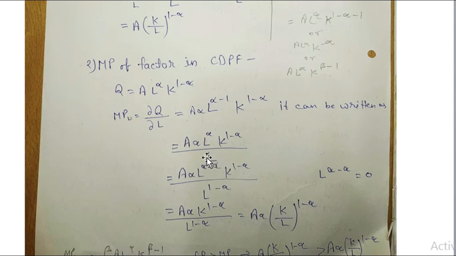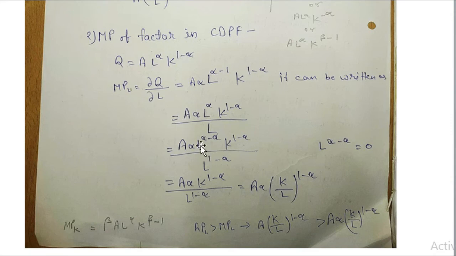You have put this minus alpha and minus alpha to cancel out this L. So now what you have is A alpha K^(1 minus alpha) upon L^(1 minus alpha), and when you simplify it, you get A alpha (K upon L) exponent 1 minus alpha.